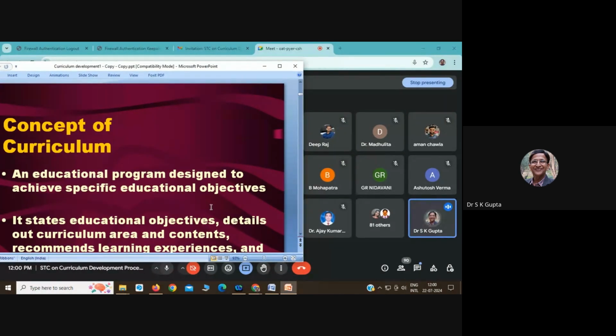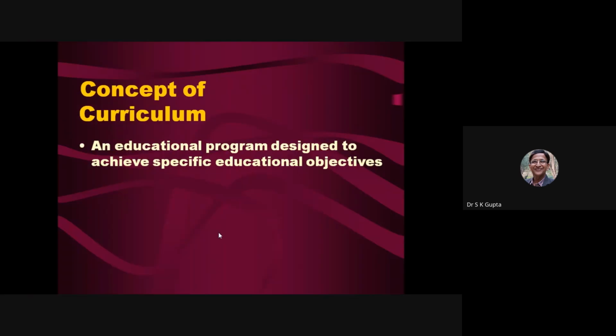So any educational program designed to achieve specific educational objectives, because now we have outcome based education. We have PEOs, program educational objectives, then program outcomes, and then course outcomes.